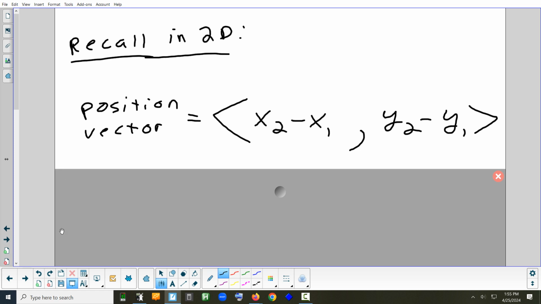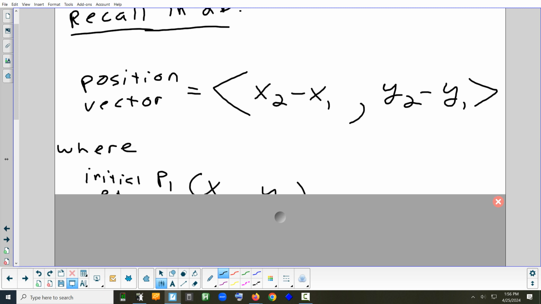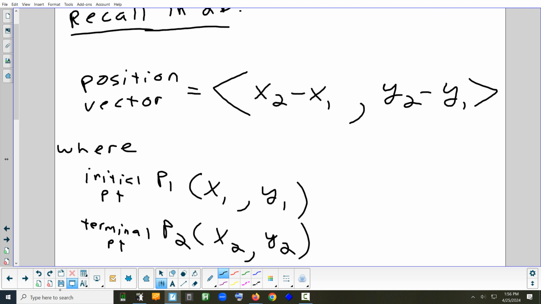So in 2D, that was the formula to find a position vector. That's from Monday. I want to extend that to 3D. So in 3D, the only difference is your initial and terminal point are going to have a Z number.